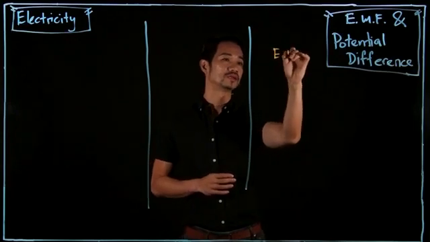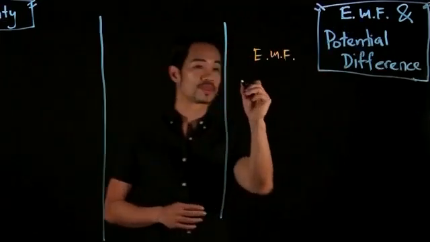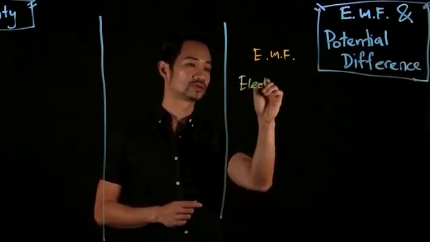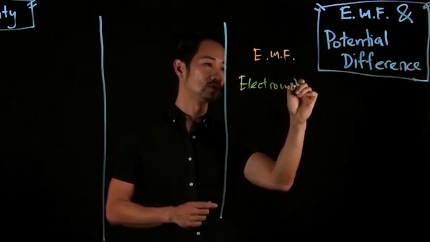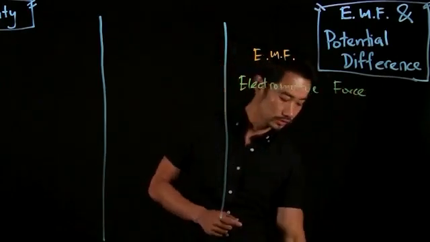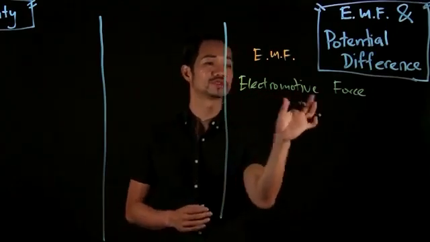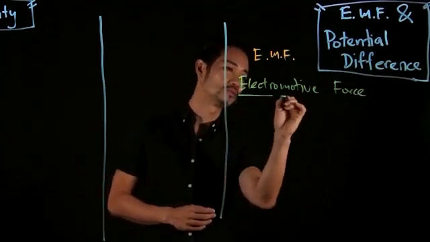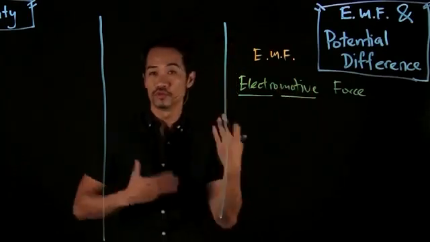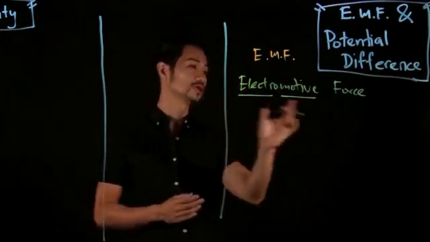What is EMF? EMF is actually a short form for electromotive force. So from the term itself, you can kind of guess what it means. The first word, electromotive. Motive talks about movement. Electro refers to electrons, and then force.